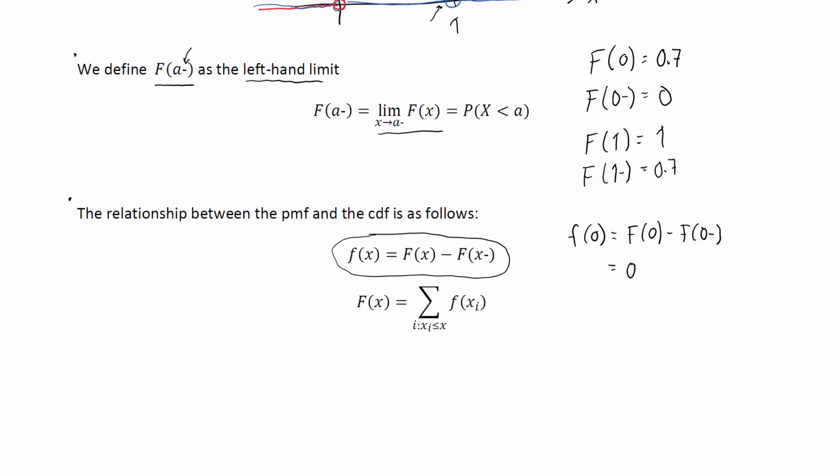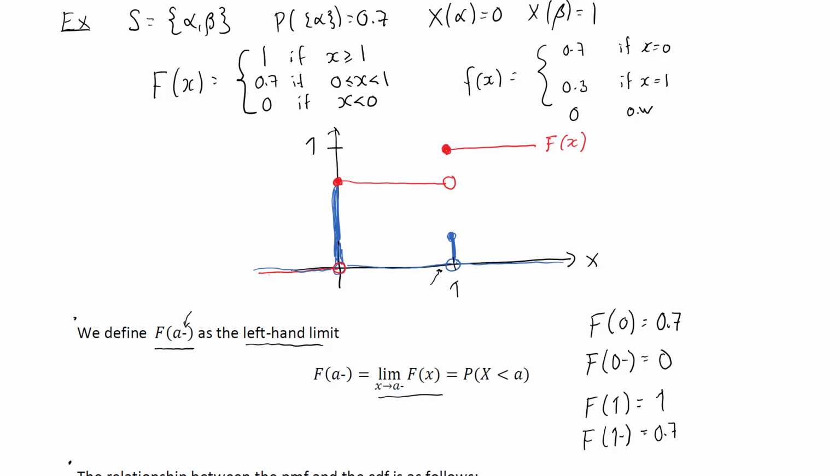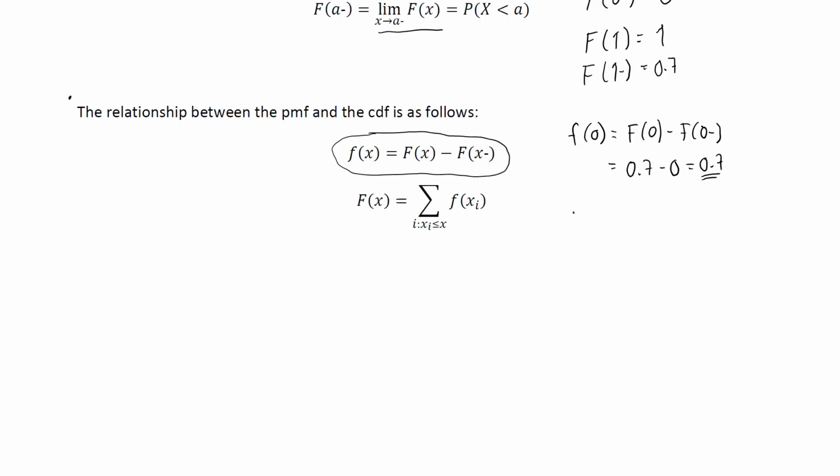And we know that this is 0.7 minus 0, which is 0.7, and that is precisely what we know it to be. f of 1 is equal to the CDF evaluated at 1 minus the CDF evaluated at slightly to the left of 1, and that is 1 minus 0.7, and that is 0.3, and that is correct as well.